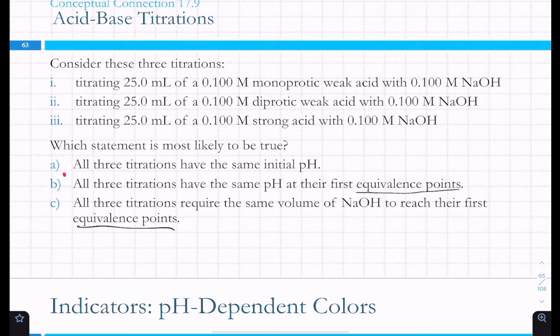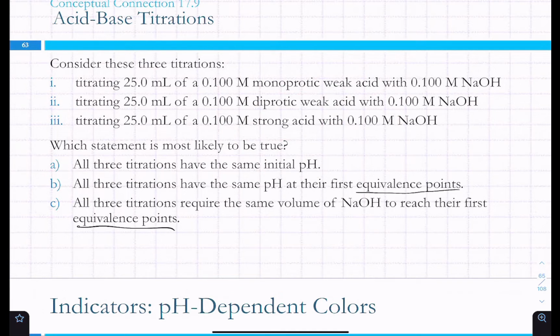For the other two, then, we have to consider what an equivalence point is. When we get to the equivalence point for any titration, what does that mean we've done? What is equivalent? The acid and base concentrations are the same. Yeah.